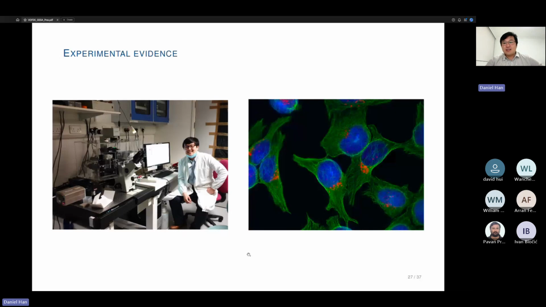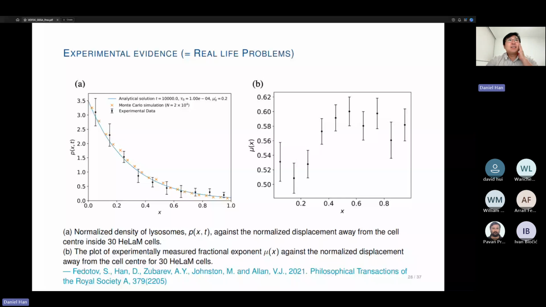As everyone knows, as soon as you move to experimental work, which is what you see here on the right, although it's very beautiful, these are cells and the little red dots are the lysosomes, with green being the microtubules, essential for active transport. As everybody knows, when you move to real life, you end up with real life problems.